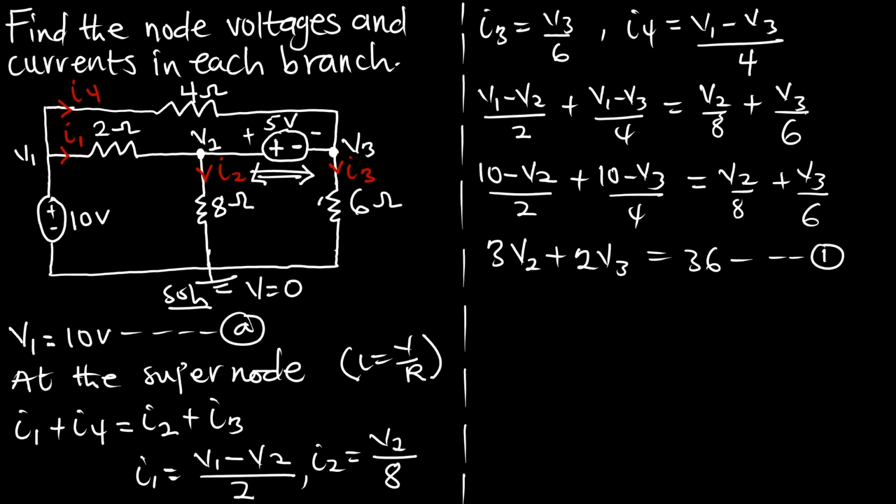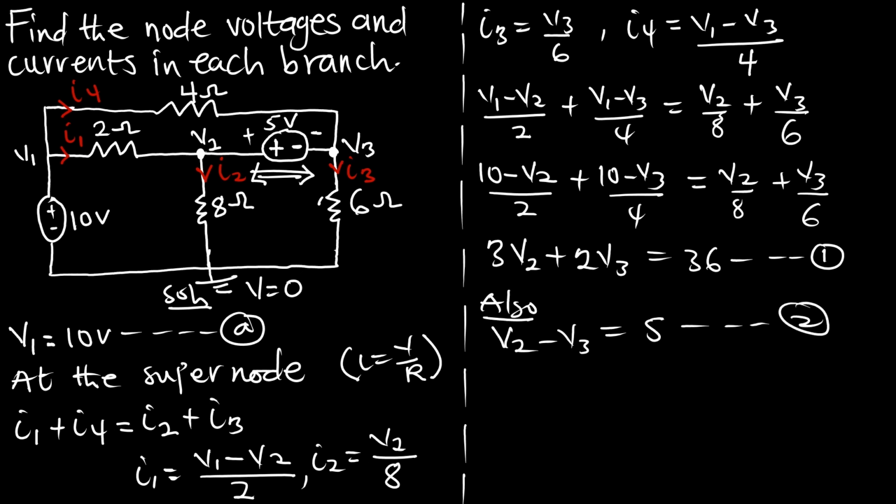This means that V2 is of higher potential than V3. So the voltage measured, which is V2 minus V3, is equal to 5 volts. So we can get this as equation 2.